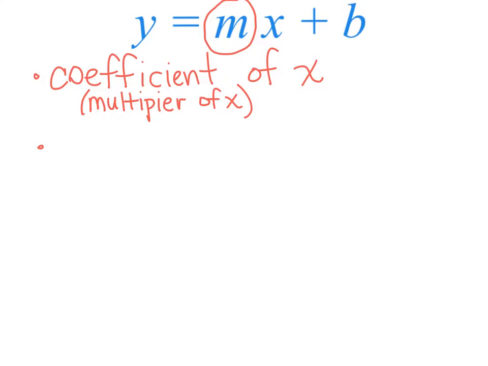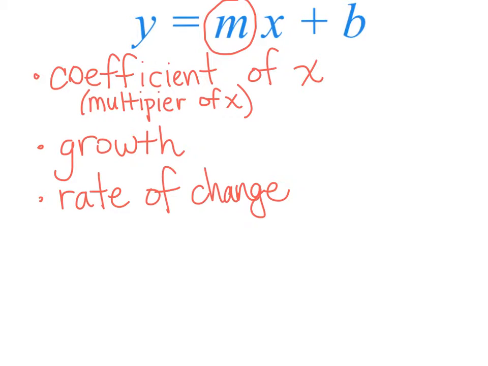When my class first looked at this particular equation and identified that value, we described it as the growth in a tile pattern. So that's another term that we refer to that value as being the growth. It might also be referred to as the rate of change. So that would be how the values of y are changing as the values of x are changing.